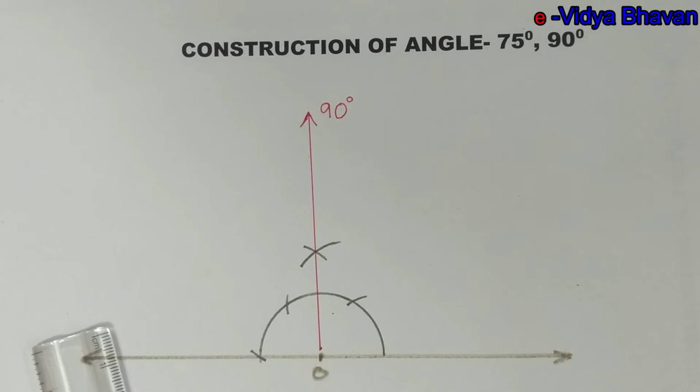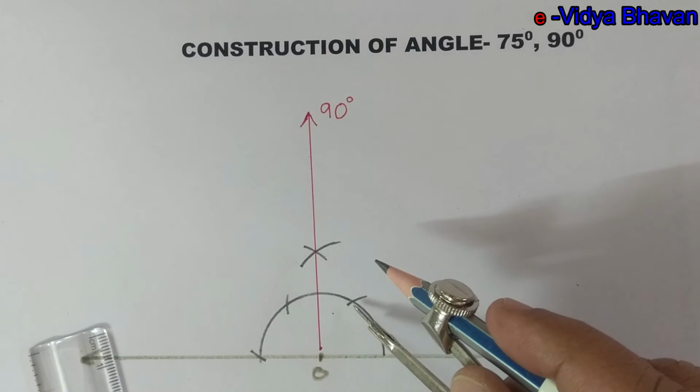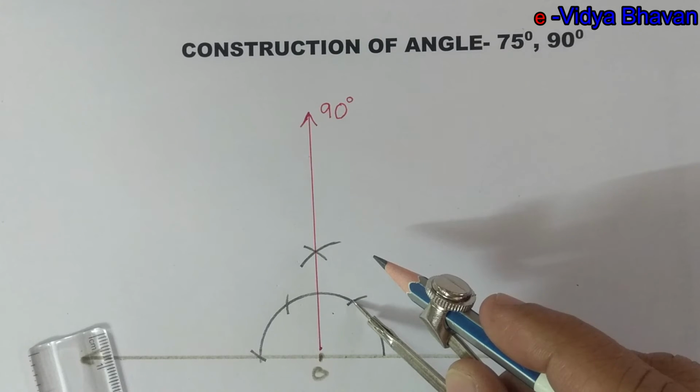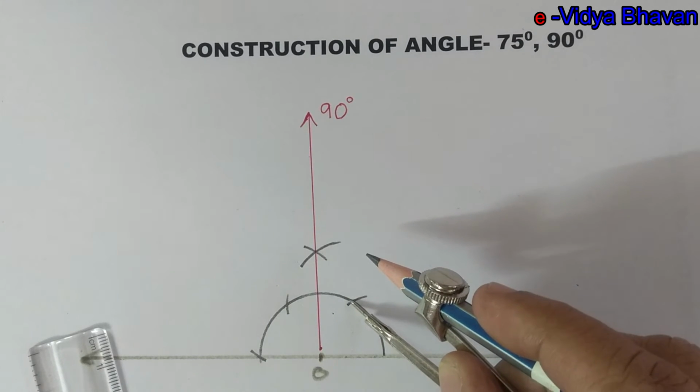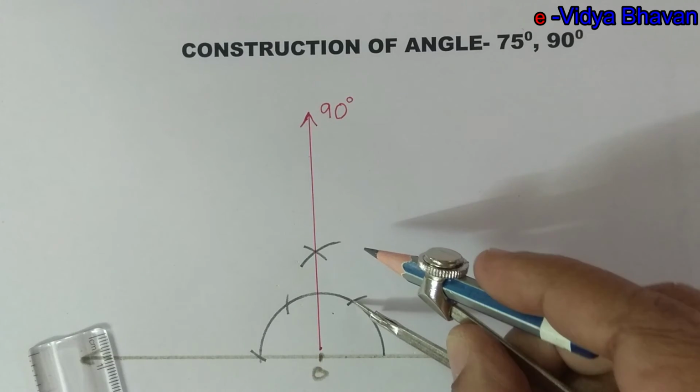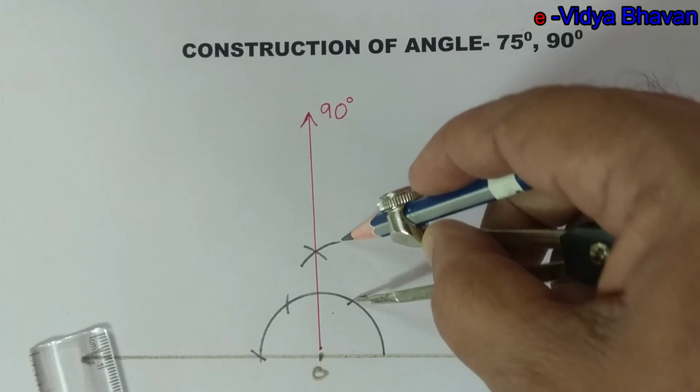Now you want to draw 75 degree. So this 60 degree arc and this 90 degree arc will help me to draw 75 degree.